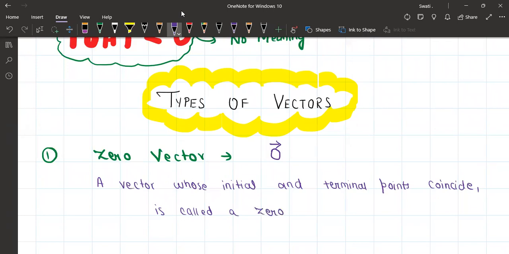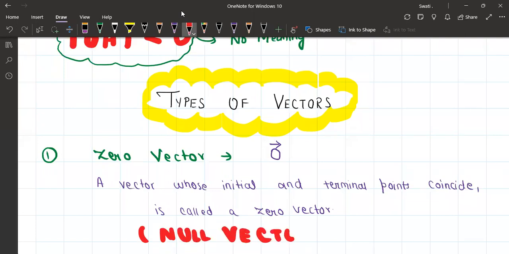Now, the zero vector has another name as well, just like a nickname. It is also called the null vector, because the meaning of null is also 0. It simply means that there is a vector A that starts from here and ends at the same point, and that is why we call it the zero vector.